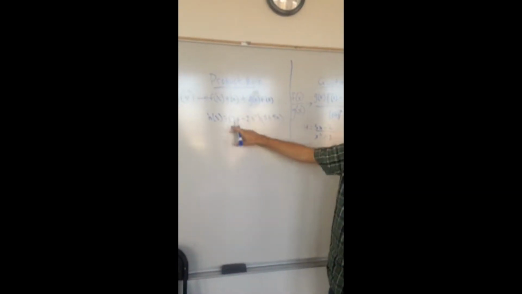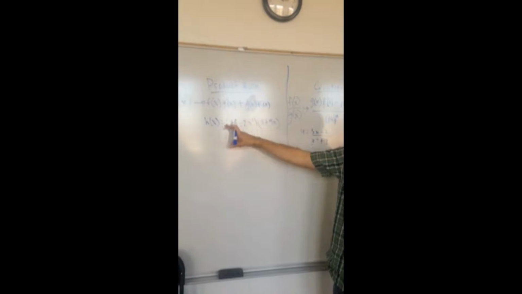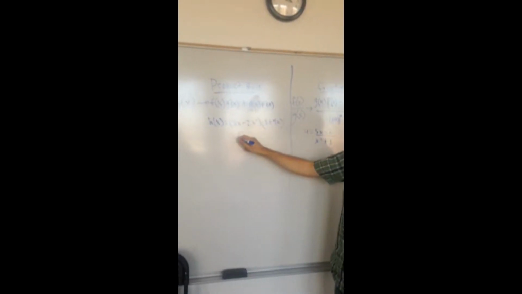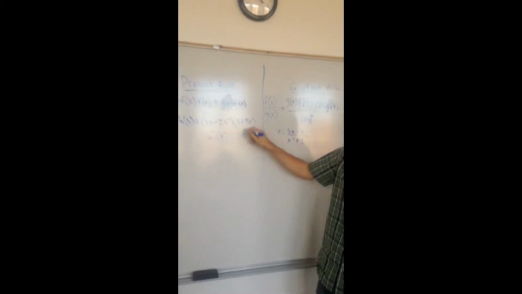So in this case, we'll say the f of x is always the first of the functions, and the g of x is the second one. So here's our f of x, and here is our g of x.